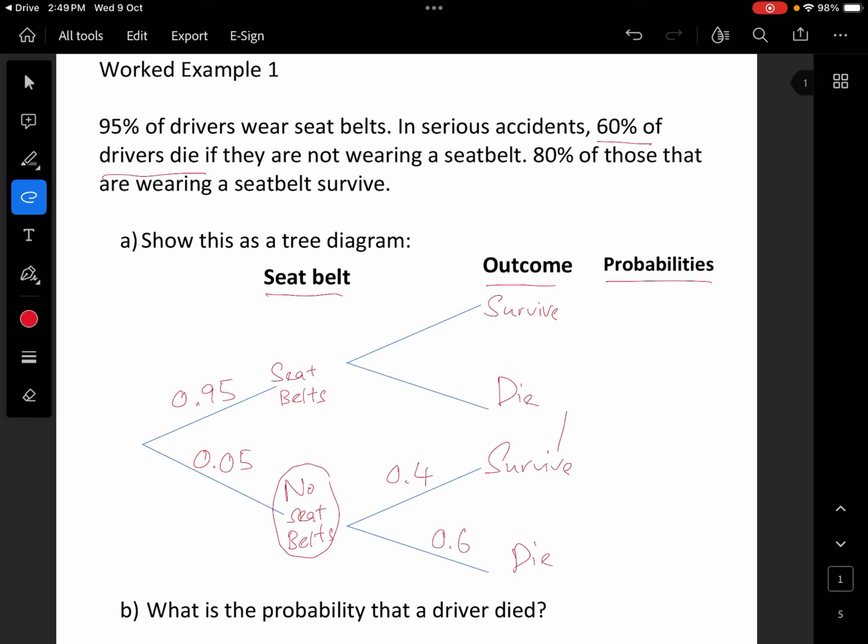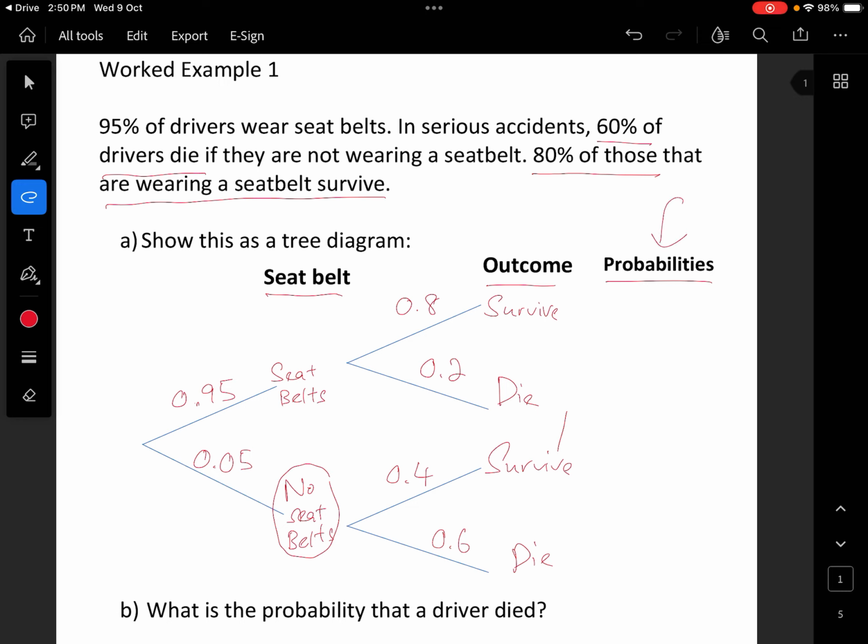We do know that 80% of those that are wearing a seatbelt will survive. So again, this should be 0.8, and obviously we have 20% who may possibly die if they wear a seatbelt. Now, one good habit when it comes to a tree diagram is to work out the last column, which is the probabilities.